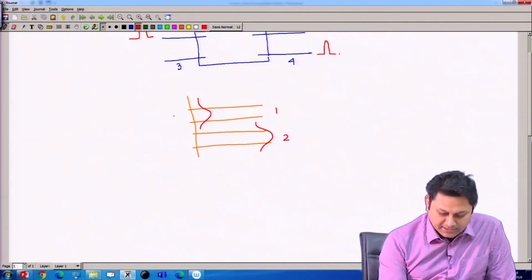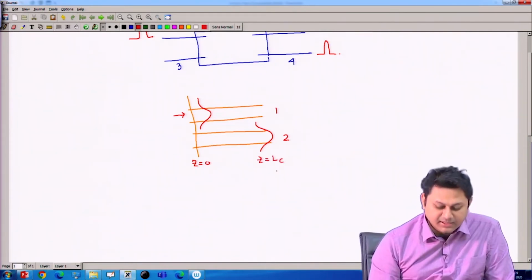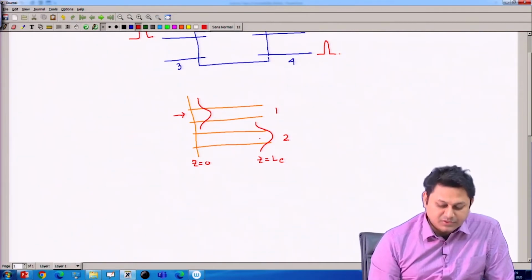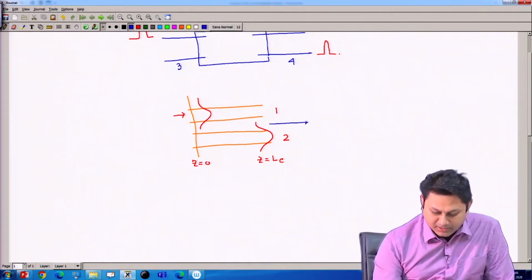I launch the light here initially, say at z equal to 0, and at some length L c, which is the critical or coupling length, the entire energy can transfer to the new waveguide. Along this direction we have the propagation. So, this is my z direction.